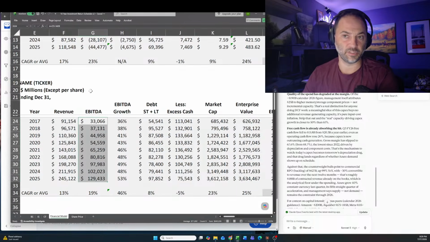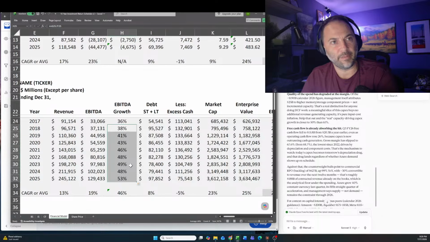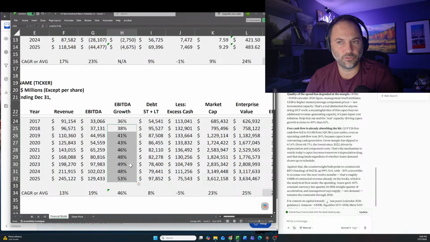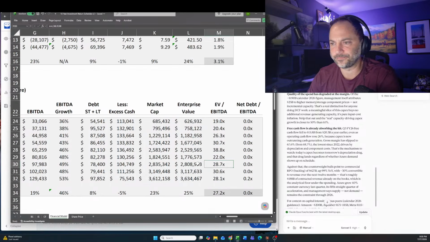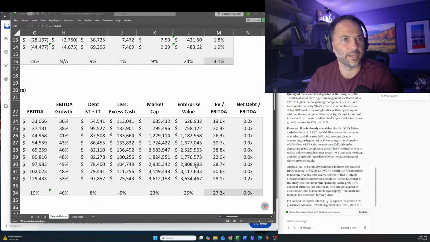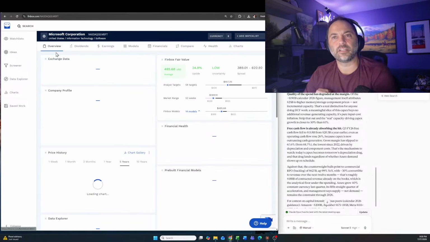I'm sure if I stretch this back in time, it goes back even farther, with 50% margins, zero net debt, a dominant market position. Try and find businesses like that. Let's see what they're currently trading at, and tell me how much they cost.